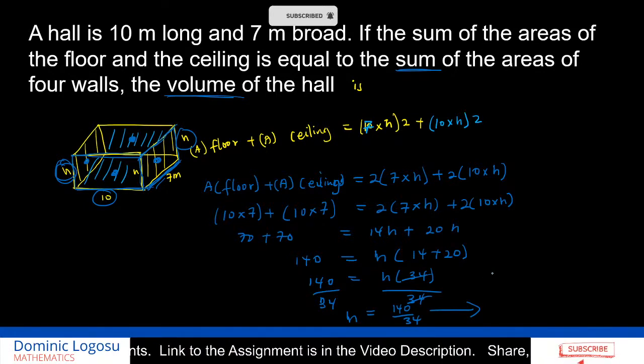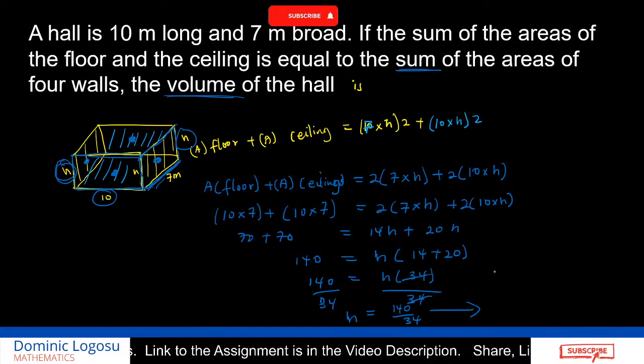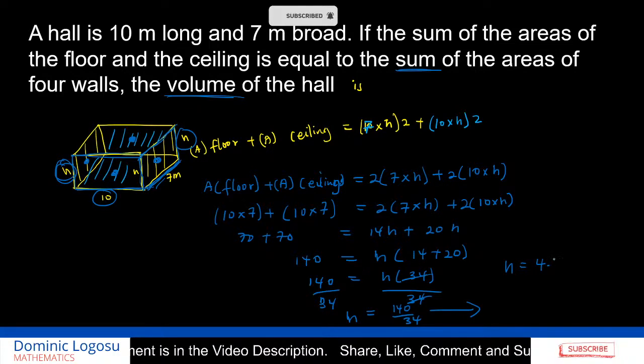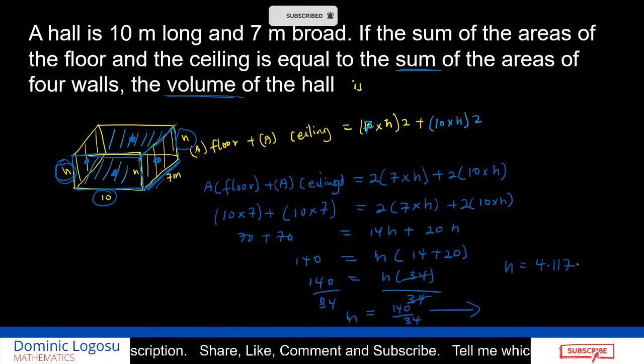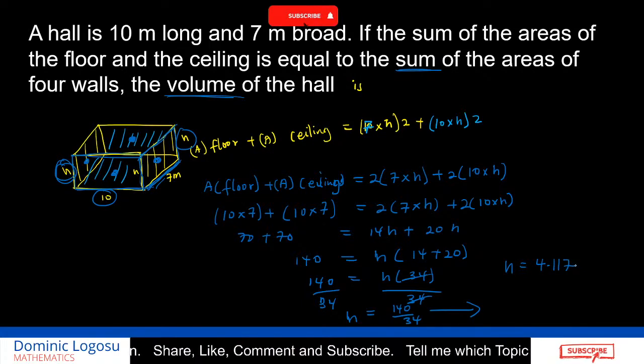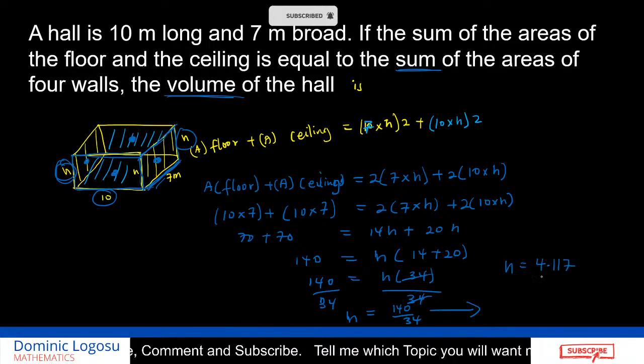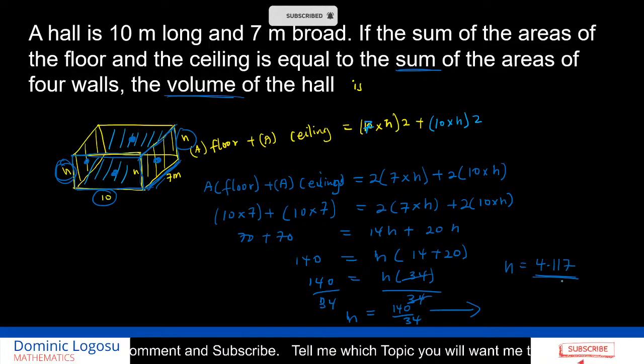So in calculating that, if you do your long division, you should have the height being equal to 4.117. You don't have to go further, 3 decimal places, fine. Once we've established this, then we can use this height that we found to solve for the volume.